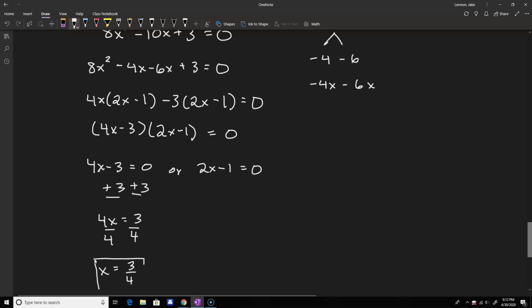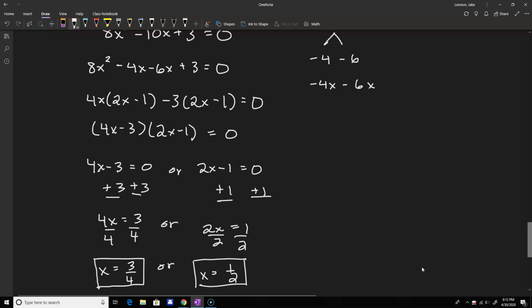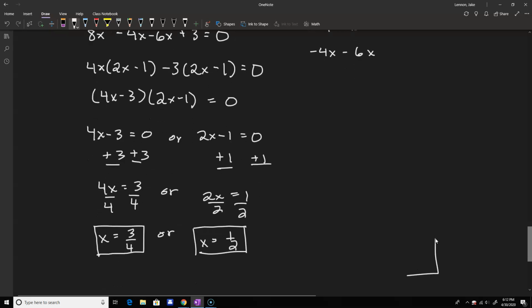And then the second one is solved by adding 1 and dividing by 2. So we have 2x equals 1, divide by 2, and we have our other answer, x equals a half. So those are the two solutions. And that's it for problem number 7.